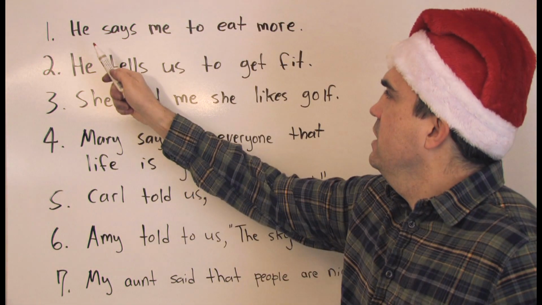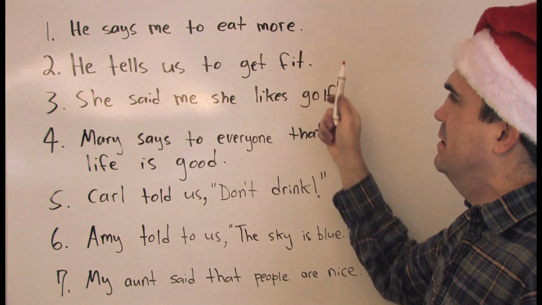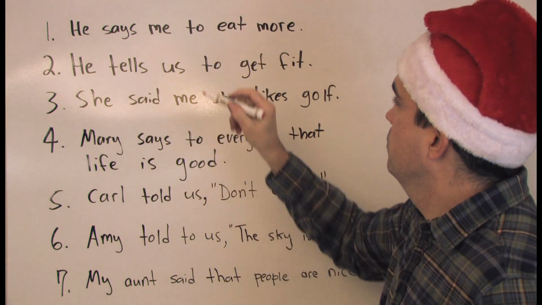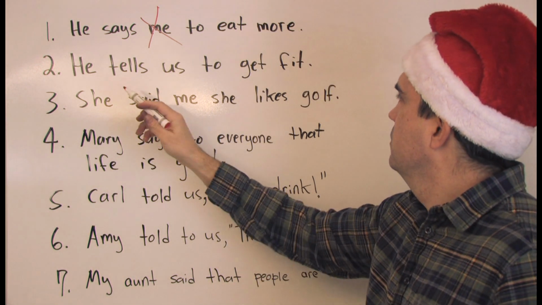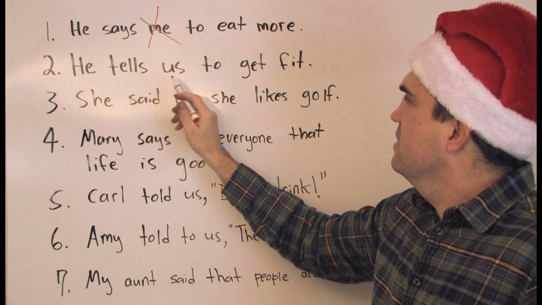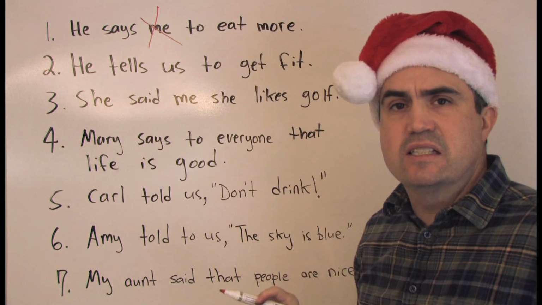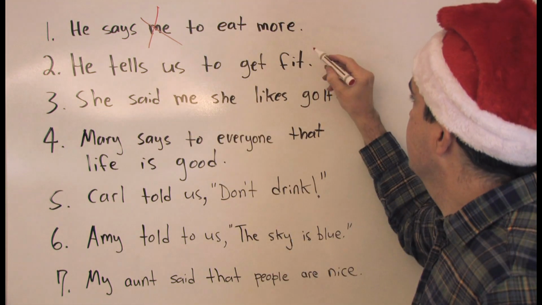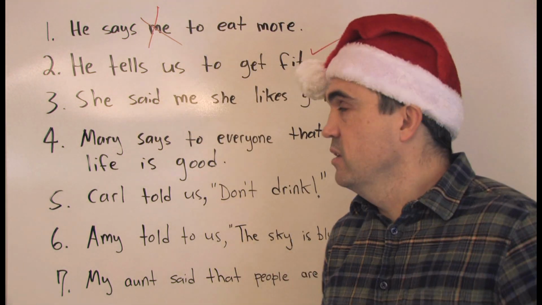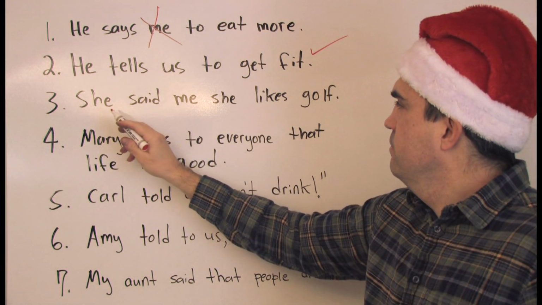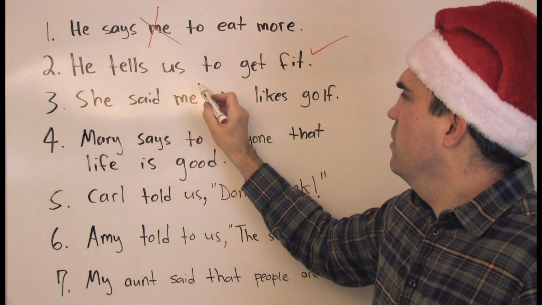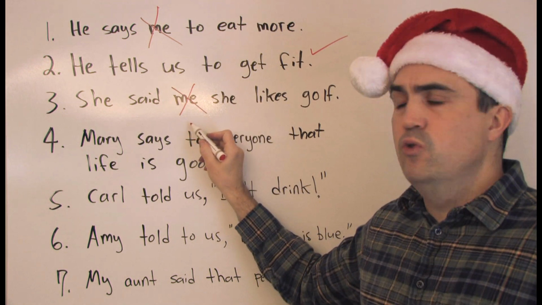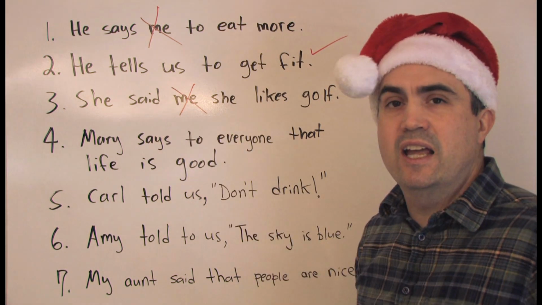Number 1, he says, no. That's wrong, right? Okay, let's look at number 2. He tells us to get fit. He tells us, yes, that is correct. Good, number 2 is good. She said, no. We don't use the who directly after say, right?